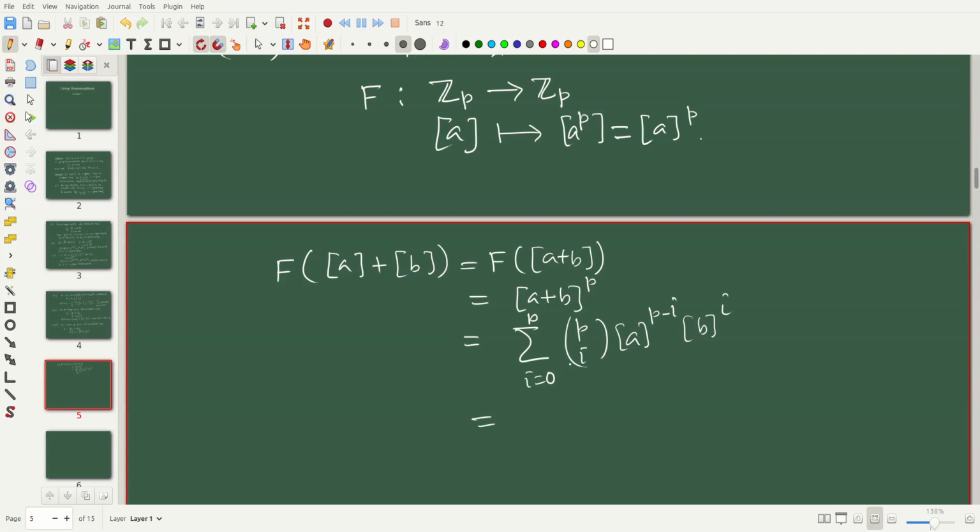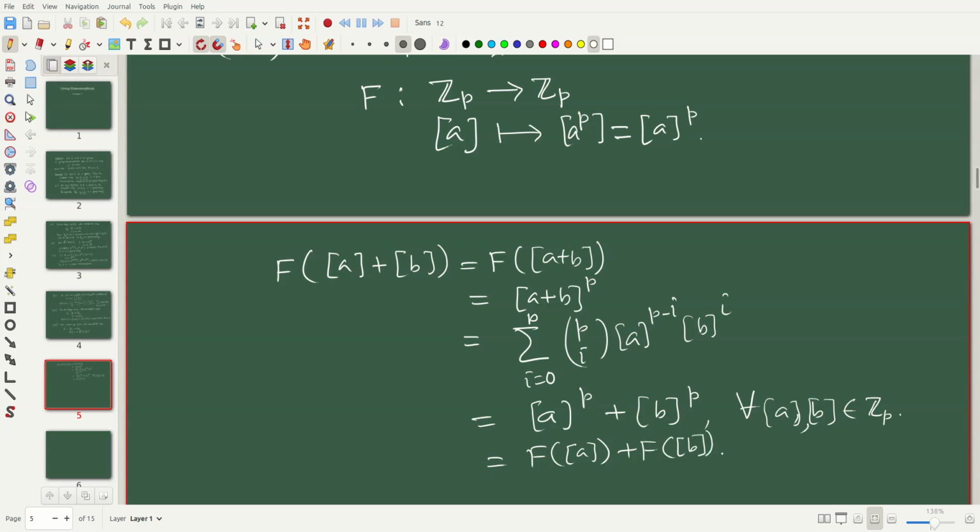As the only non-zero terms in this expression after going modulo p that are left are a to the power p plus b to the power p. So this is nothing but f of a plus f of b, right. So this is also a group homomorphism.